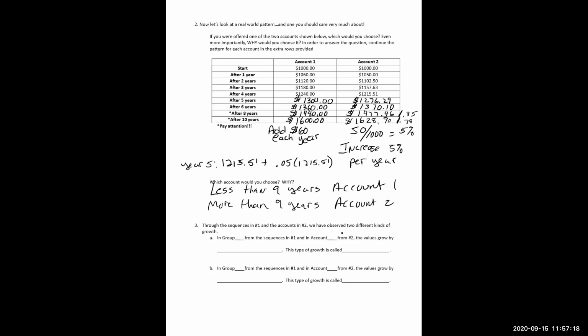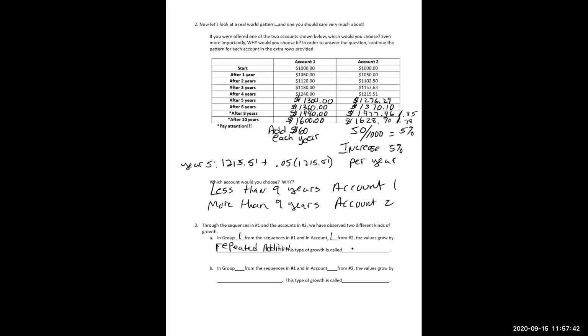Okay, so in group number 1 here, number 3, through the sequences in number 1 and number 2, we've observed 2 different kinds of growth. So to sum it up here, in group 1, from the sequences in account 1, the values grow by repeated addition, which is what we kind of already talked about.